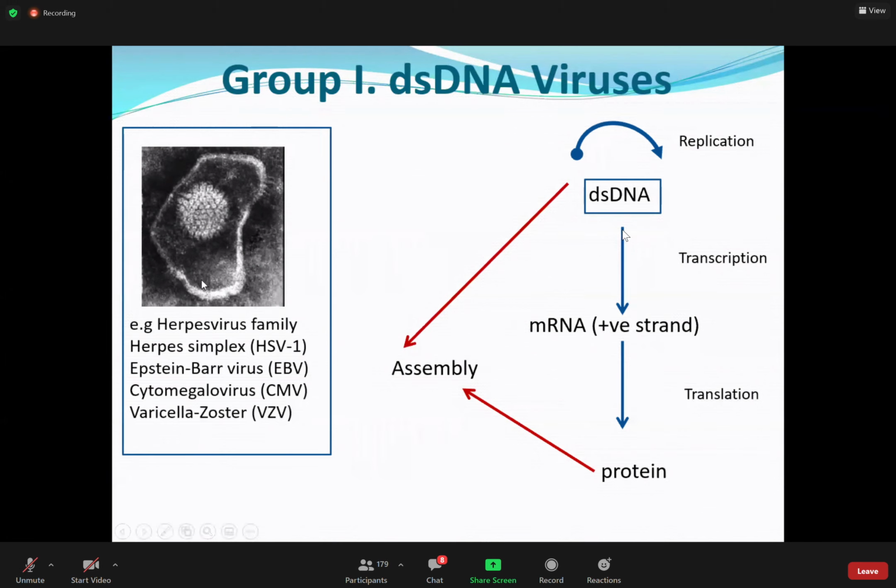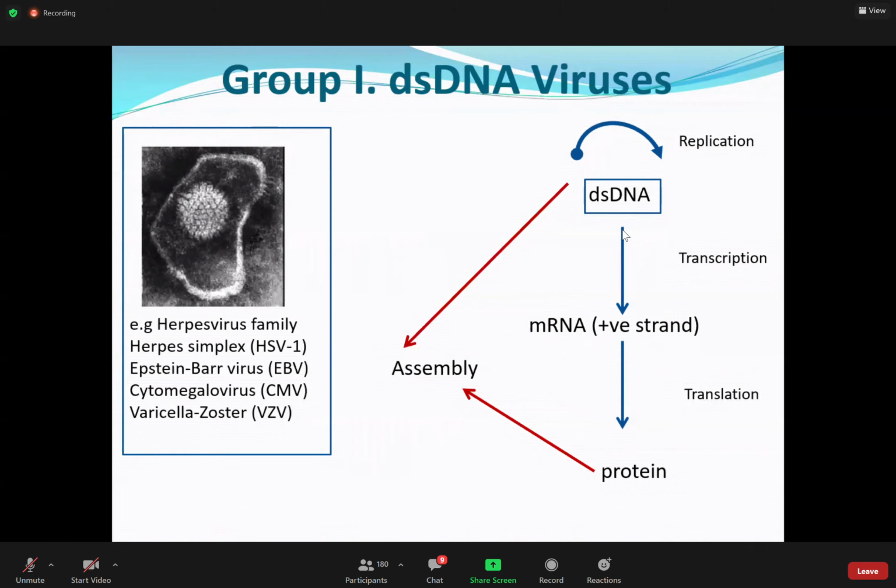The main thing to know about herpes viruses is that they are DNA viruses and they are enveloped, and that most of them can undergo latency. In other words, they can shut themselves off from the immune system and then be reactivated at a later stage.